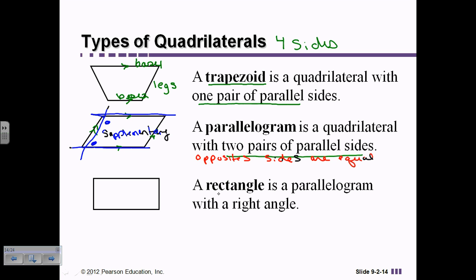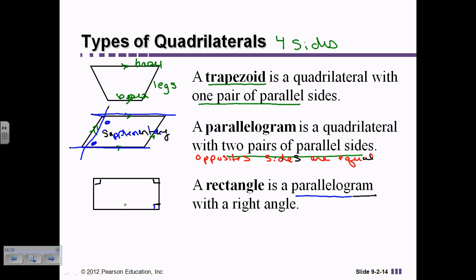A rectangle is a parallelogram with right angles. So all of these angles in the corner are right. Now, watch out for your wording here. It's saying it's a parallelogram. So that means that the opposite sides are also parallel, and the opposite sides are also equal to each other.